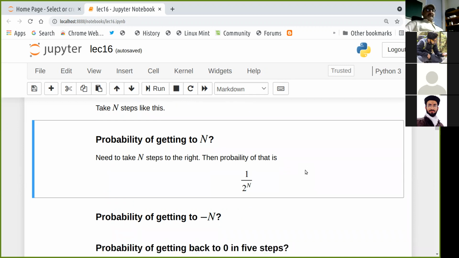What if n was equal to 5? So I did 5 coin flips. Starting from 0, I took these random steps to the left or the right. In 5 steps, what's the probability of being back at 0?